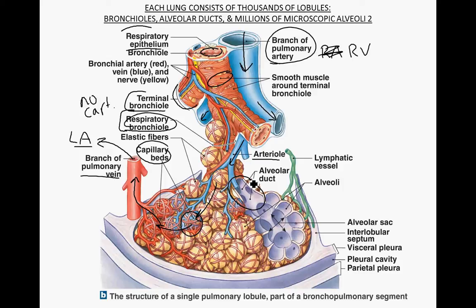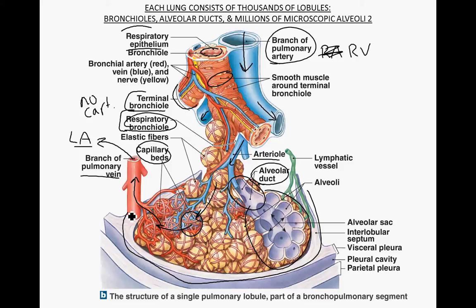So the respiratory bronchioles give way to the alveolar duct, and then the alveolar duct leads into one alveolar sac right here. So this is the alveolar sac. Right? And so this whole structure is one pulmonary lobule, right? And then you have millions of these pulmonary lobules all throughout the lungs.